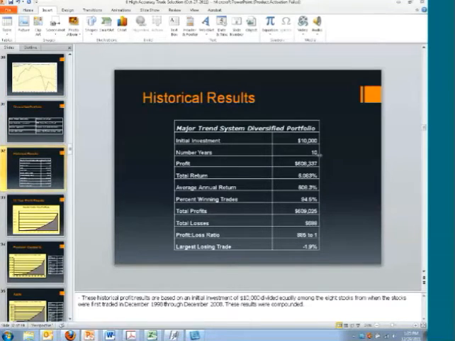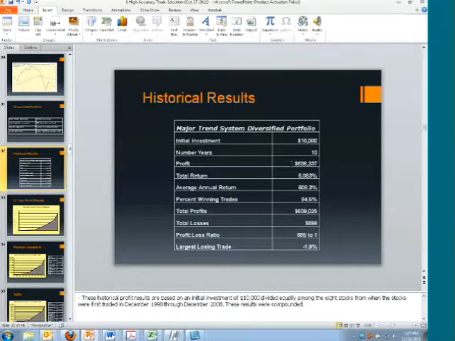And you can see over the 10-year period, a $10,000 investment grew to $608,000. So this performed very well. Now, of course, with the major trend system, we're also including the short side of these trades. In other words, if there's a sell signal, we're calculating the profits on the short positions also.